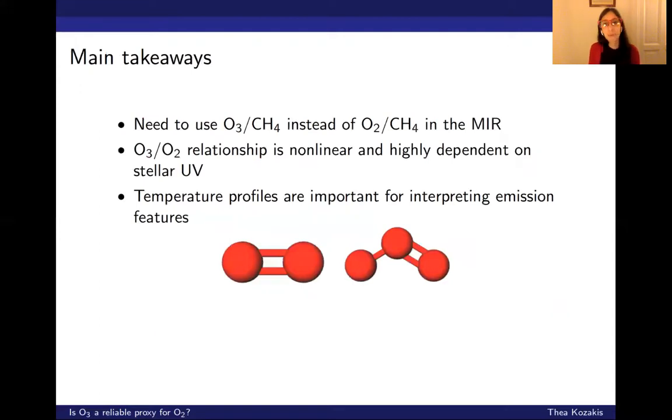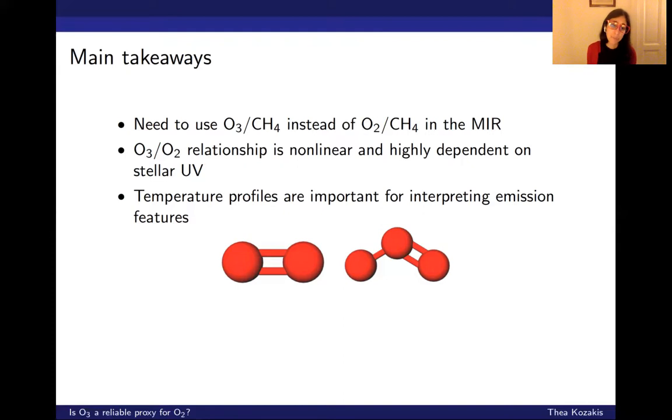So to sum up, if we want to do observing, think about biosignatures in the mid-infrared, we would have to learn how to use the O3-CH4 biosignature instead of the traditional O2-CH4 biosignature. The ozone to O2 relationship is nonlinear and it's highly dependent on the stellar UV flux for the individual planet. So we definitely need to do some photochemistry modeling there to understand the relationship.